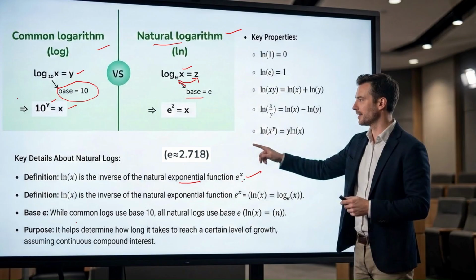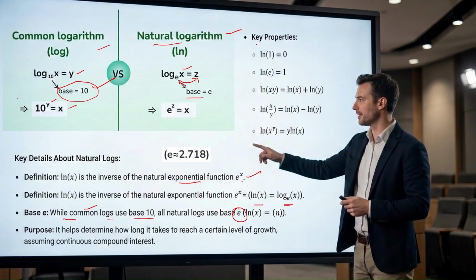Common logs use base 10. In the natural logs, the base is e. Ln x, otherwise log x base e.